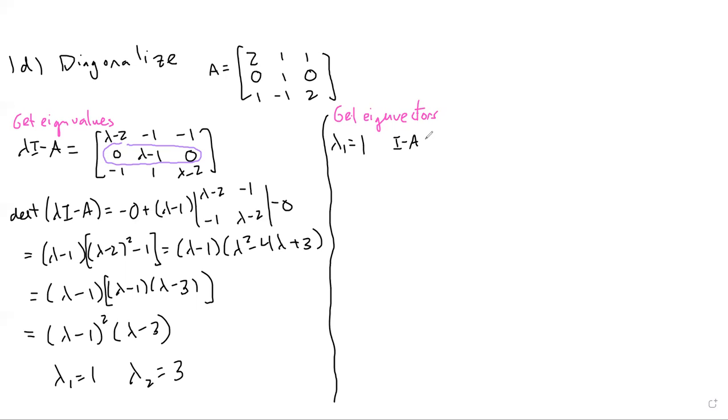So I'll plug that in for lambda. I get -1, -1, -1, 0, -1, 0, and -1, 1, and -1. And when I check this out, I'll just do my row reductions here.